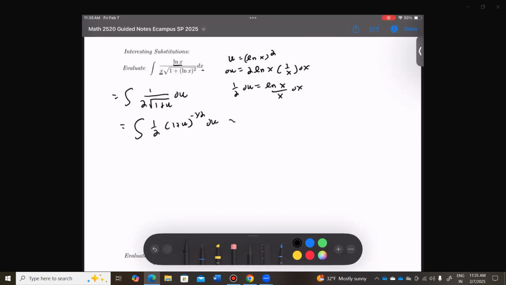And so when we take the integral of this, we'll get 1 plus u to the 1/2 power, and then we gotta divide by that 1/2, so we'll multiply it by 2 and plus c. So the 2's cancel, you get 1 plus u to the 1/2 power plus c. And then u is natural log of x squared, so we'll get square root of 1 plus the natural log of x squared plus c.